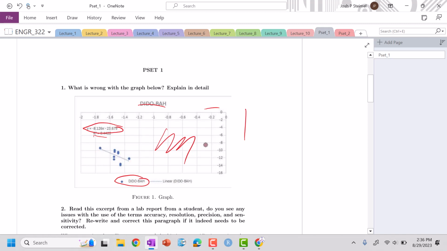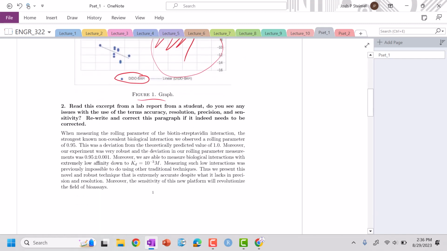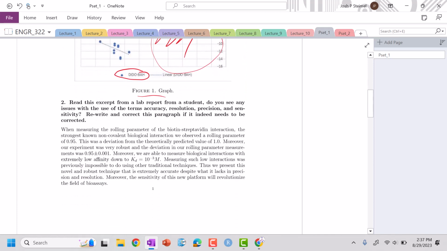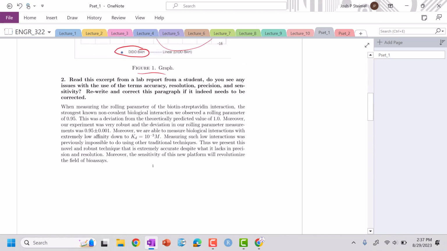Again, there's a lot of empty space as well here. Figure caption is not descriptive as well. So these are all the types of things, again, that we don't want to do. And remember, we can go back into lecture 1 and see those guidelines that we want to follow in this course.